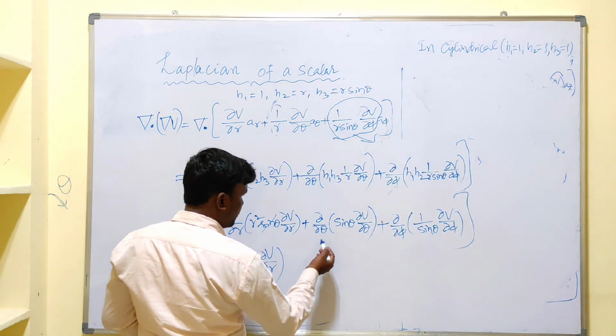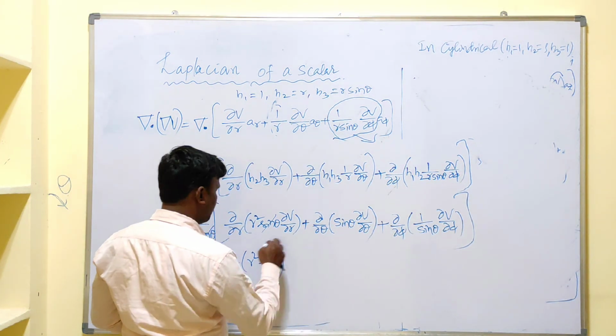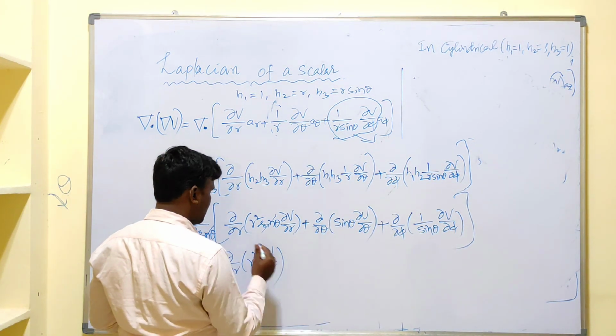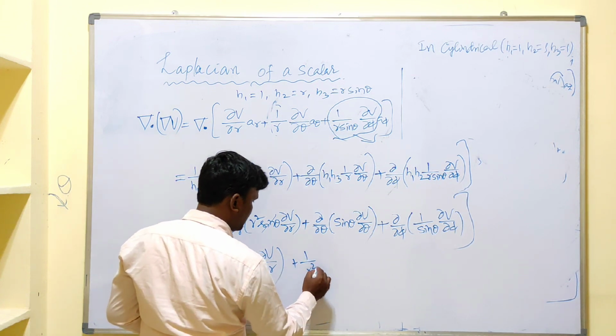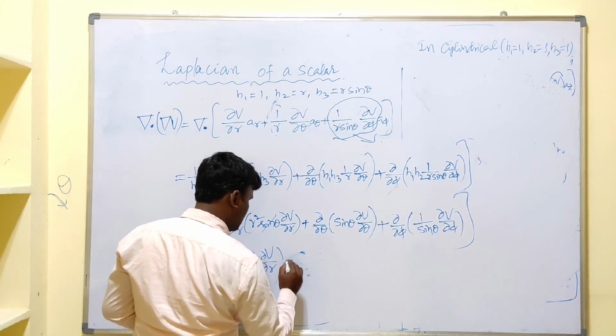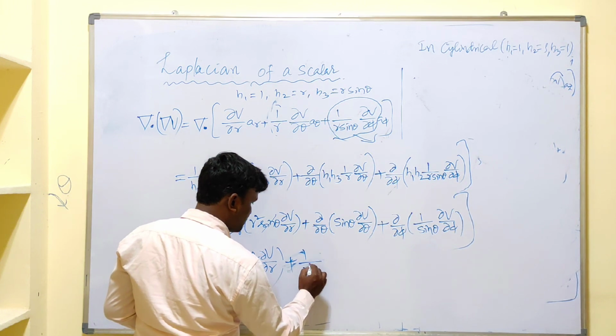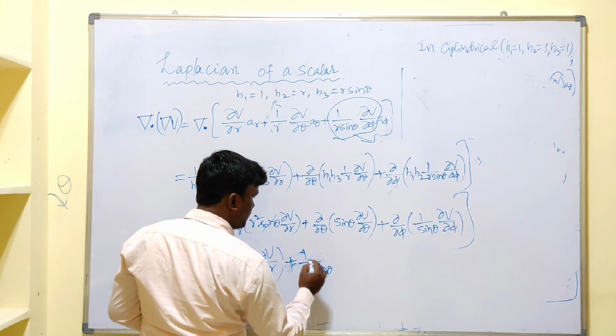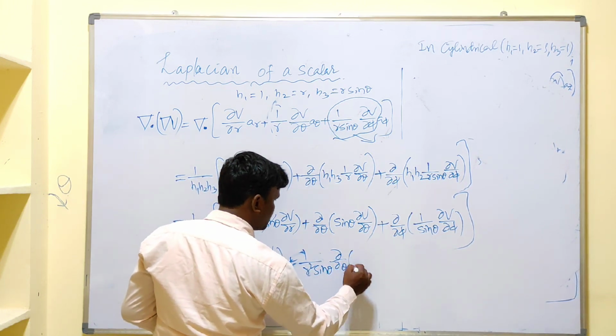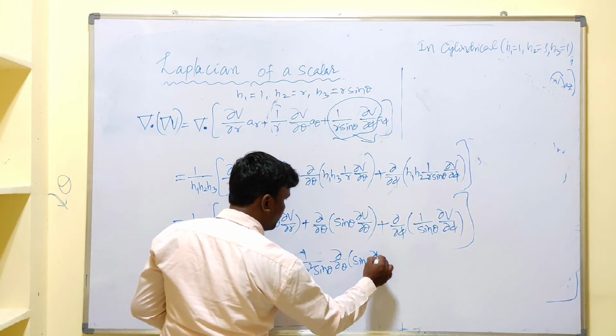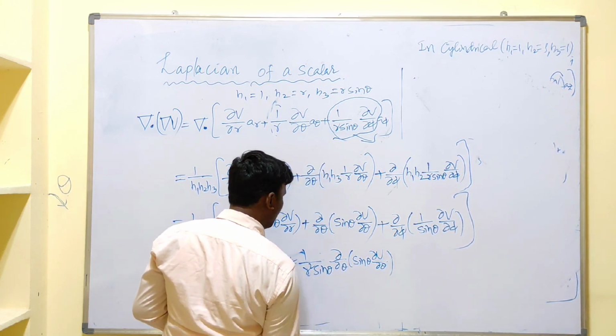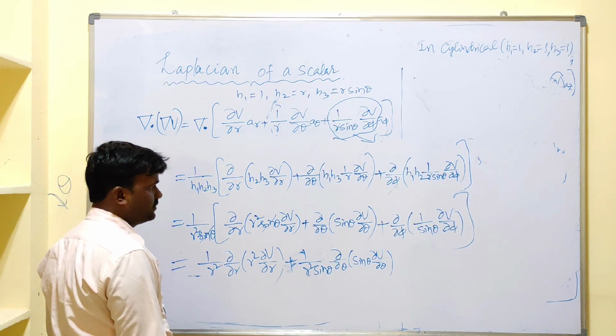And the second one, what about this? Here partial differentiation with respect to θ, it is also θ. We can write that as 1/r² plus 1/(r² sin θ) ∂/∂θ of sin θ ∂V/∂θ. And the last element, what is the last element? This one.